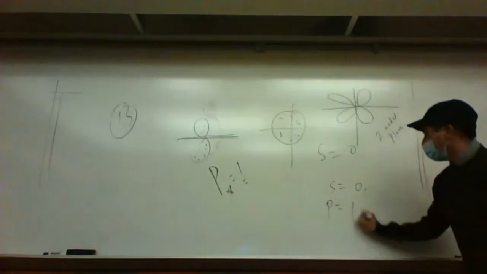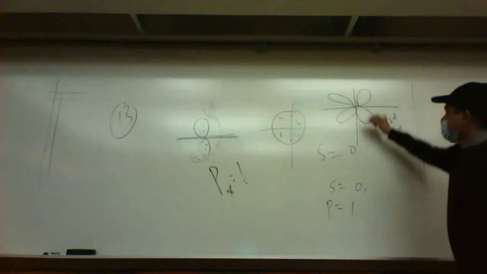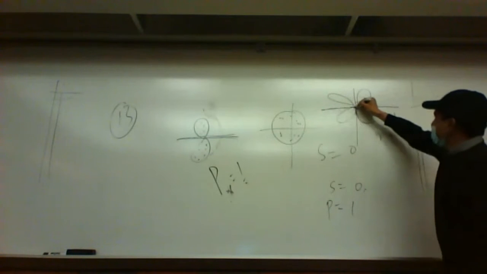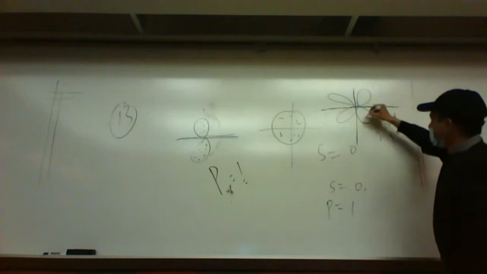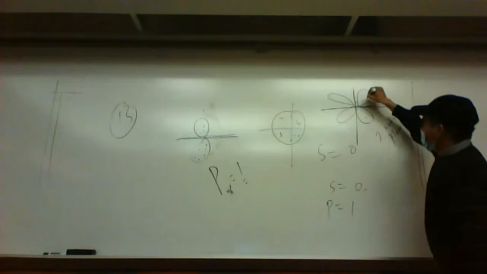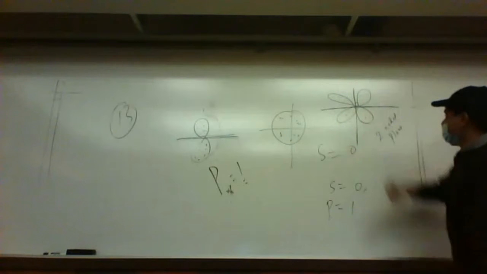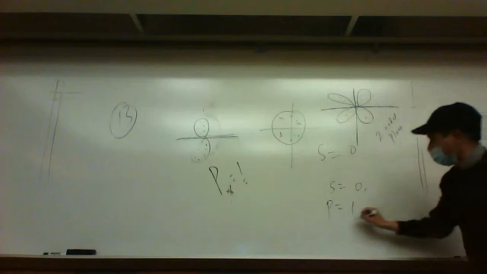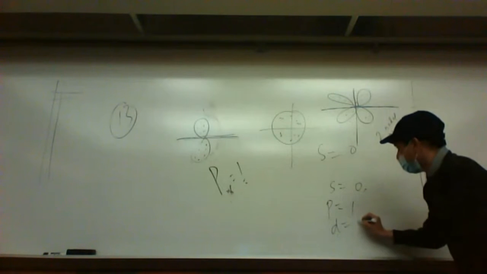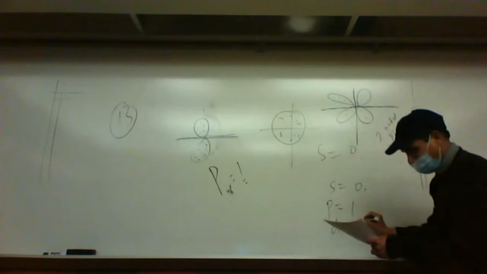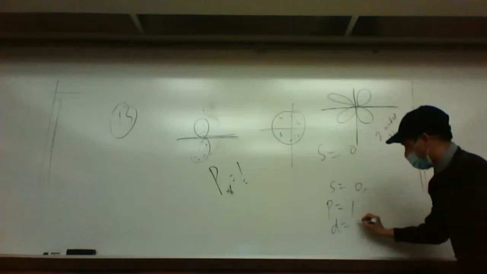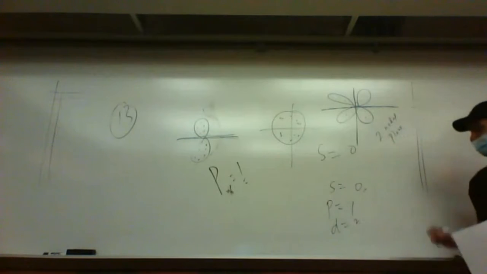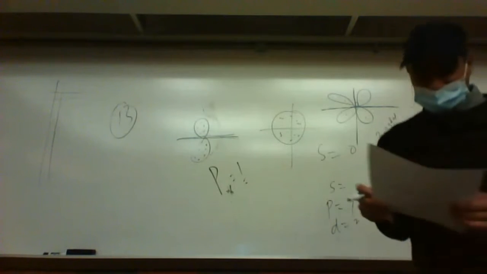And then for D, you cannot find the electron along this plane, and you cannot find the electron along this plane, but you can find the electron in these lobes here. So for D, there are two nodal planes.